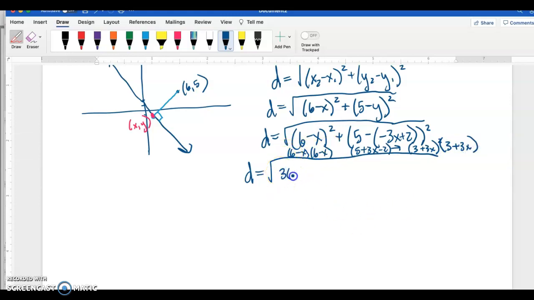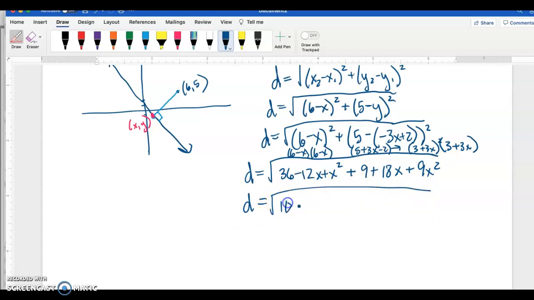That's going to be 36 minus 12x plus x squared, plus this quantity over here, which is going to be 9 plus 18x plus 9x squared. So then combining all of those, we have the square root of 10x squared plus 6x plus 45.